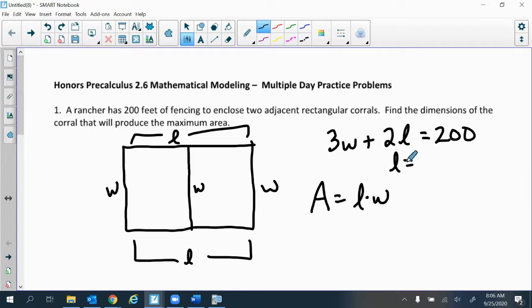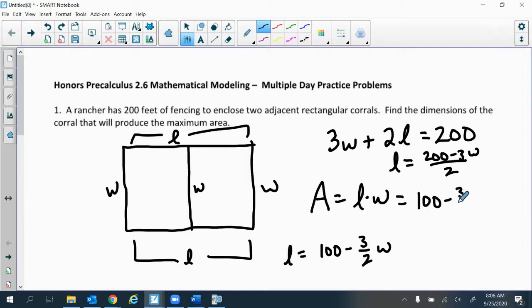So I'm going to solve for L. If I subtract 3W and divide by 2, I get 200 minus 3W over 2, which I can also rewrite as 100 minus 3/2 W. So I can now replace the L in my area equation with 100 minus 3/2 W. So I have W times 100 minus 3/2 W.